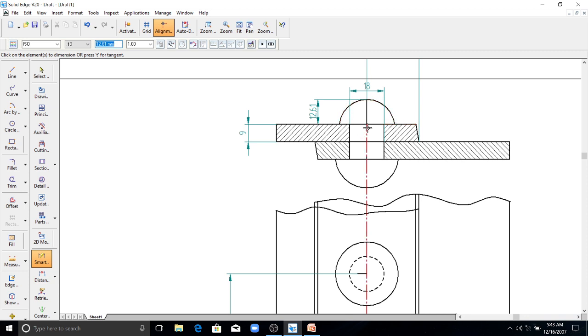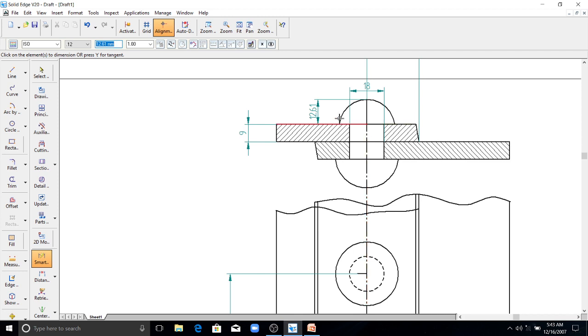The center is here, so you have to draw it by bisecting these two dimensions. From here to here you have to draw one line, and from here you have to draw another line. From these 2 points you have to draw the bisector, which you have to extend till the center line, and there you got the new center.